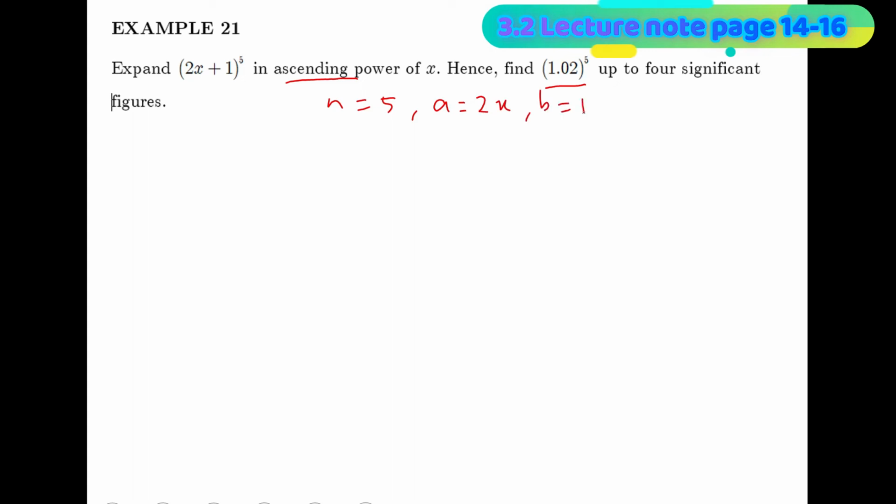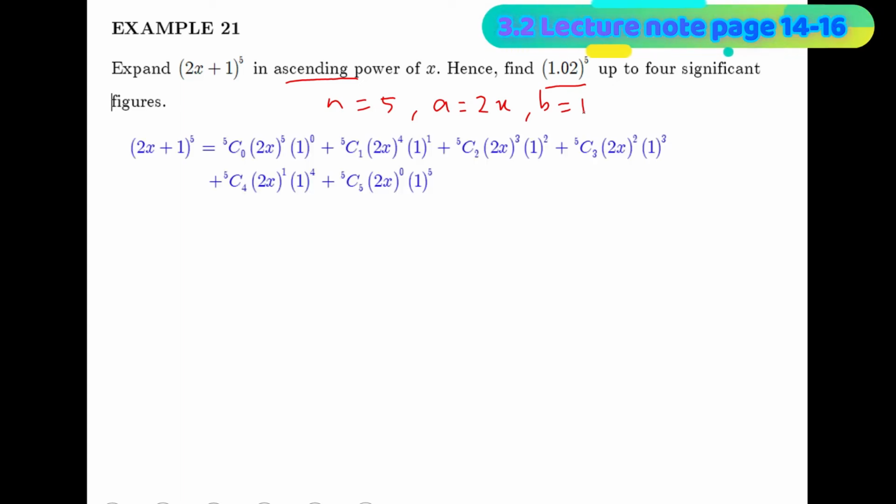Similarly, as in the previous example, we substitute our n, a, and b into our expansion formula to get the following expansion. Then, carefully calculate each term to get the following expansion.